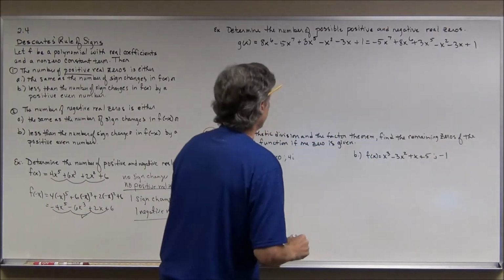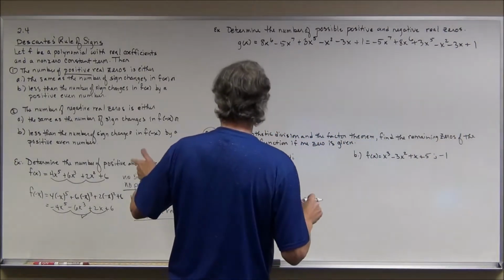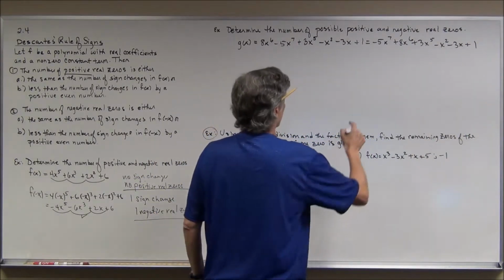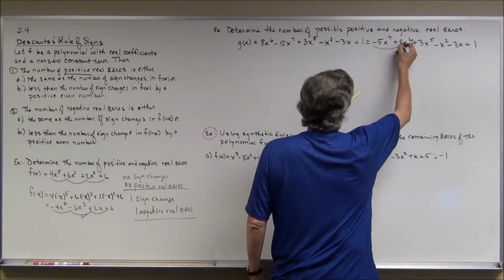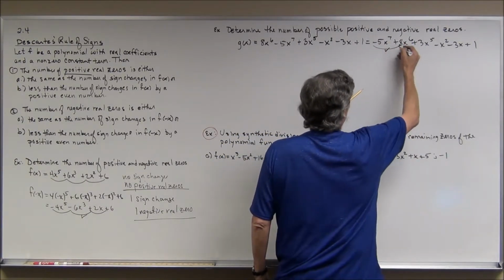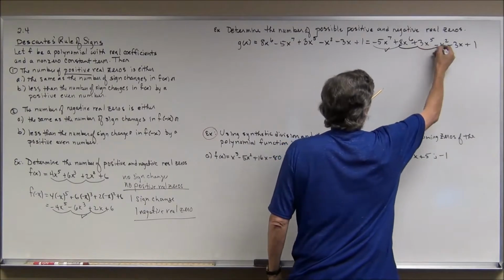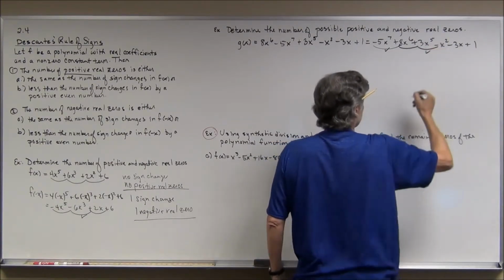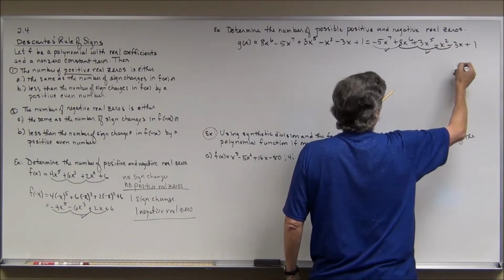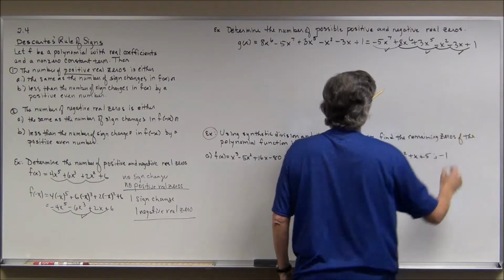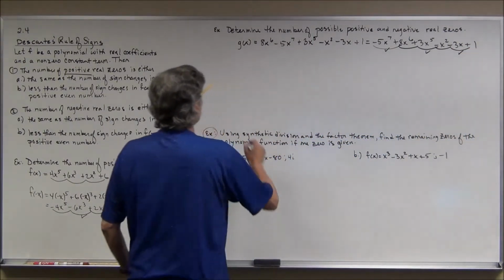And I'm going to look for sign changes to see how many possible positive real zeros there are. Well, this goes from negative to positive, so there's a sign change. Positive to positive, no. Positive to negative, yes. Negative to negative, no. Negative to positive, yes. I have 3.